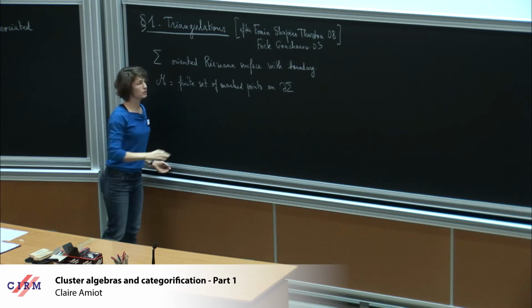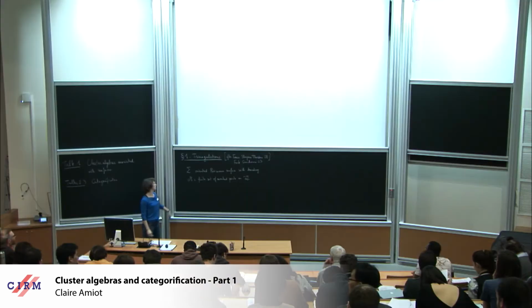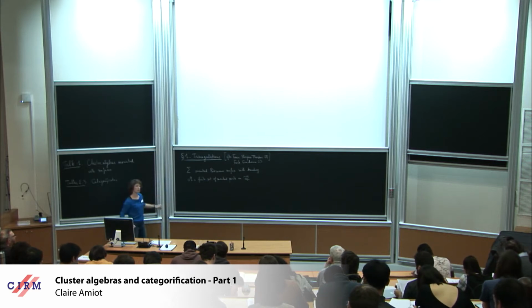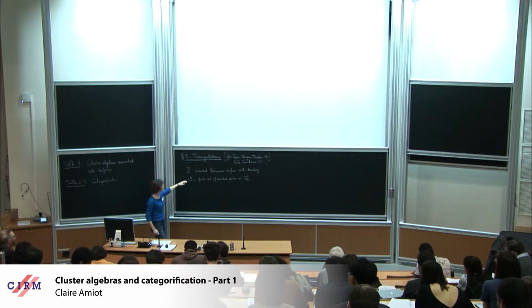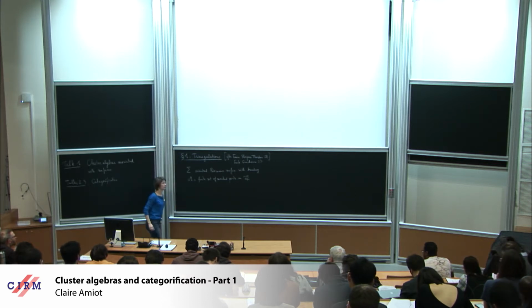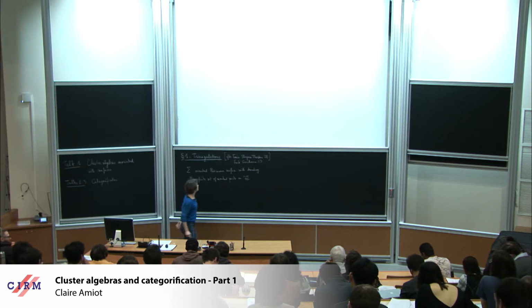I will tell you later that this is a big restriction, so we can also assume that we have some punctures, that are marked points in the interior of the surface. But for my talk for today and for the rest, I just restrict here. I think it's interesting enough somehow and much easier.